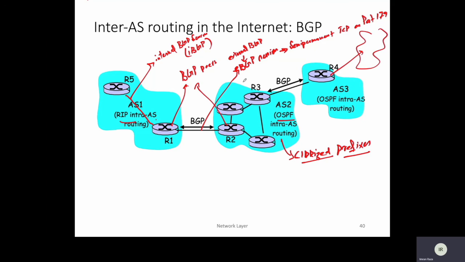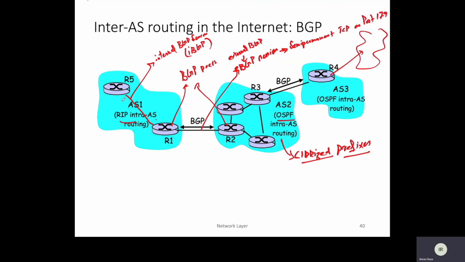And similarly, when a gateway router in any of these autonomous systems receives eBGP learned prefixes, the gateway router uses its IBGP session to distribute the prefixes to the other routers inside the autonomous system, as I've discussed earlier. So R1 will use the IBGP session to share this information with R5 of autonomous system 1.